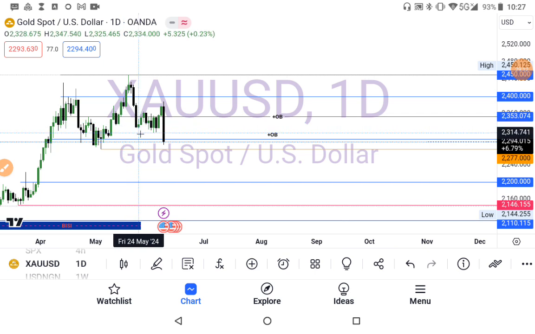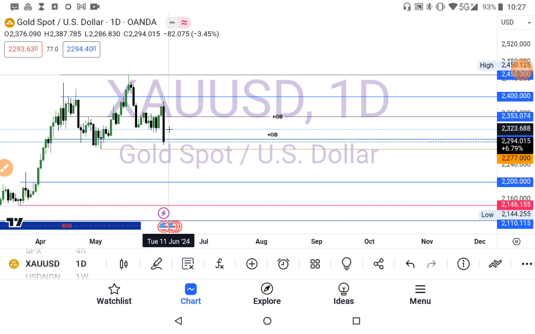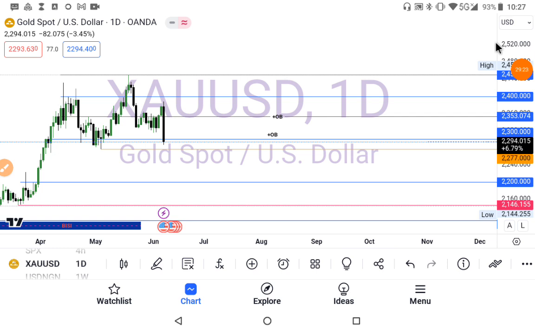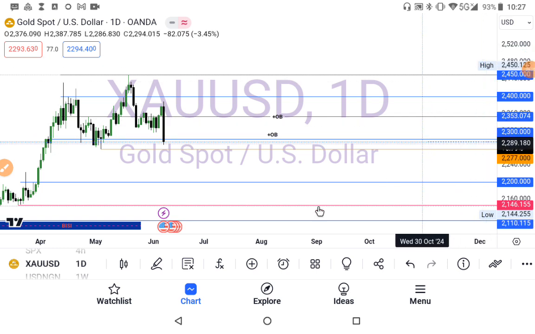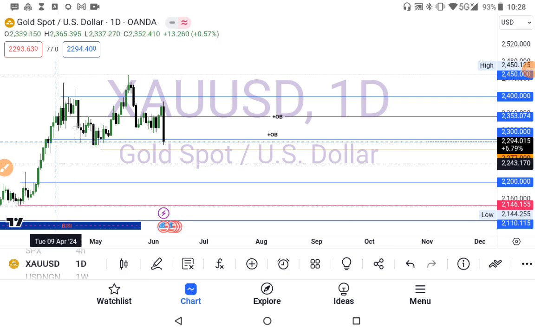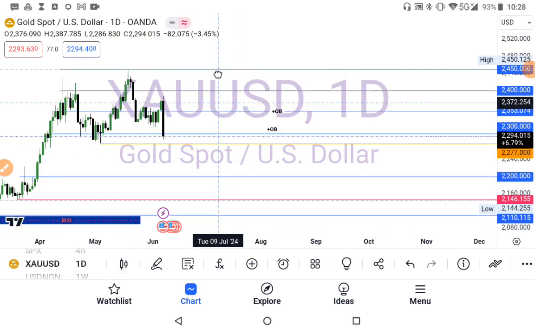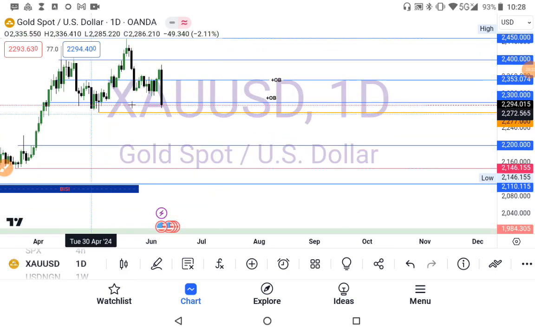I said 2300 will be taken, and it has been taken beautifully. So I'll be interested in going further, taking out this sell side movement here at 2277, big figure.